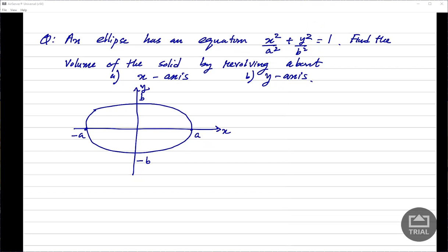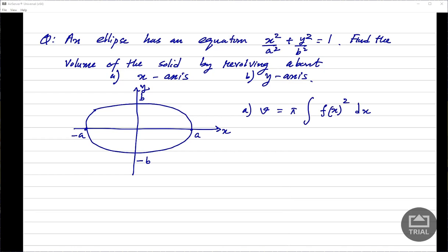Then you are revolving around the x-axis, so your equation would be dx here, and this should be a function of x squared.